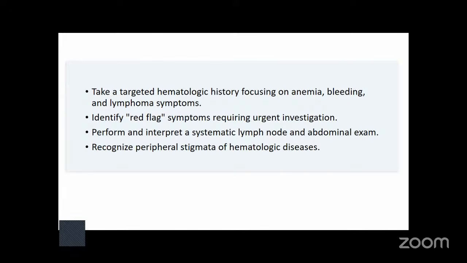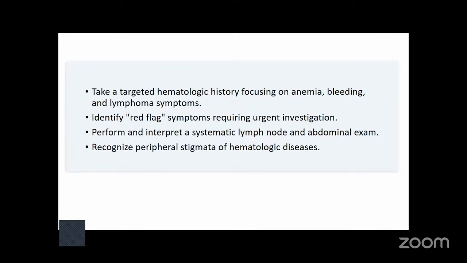Depending on the situation that you're in and the patient that you have, generally you want to be able to take history that points to the presence of hematologic conditions, basically a dysfunction of the three cell lines.